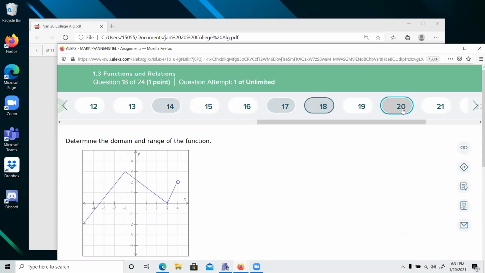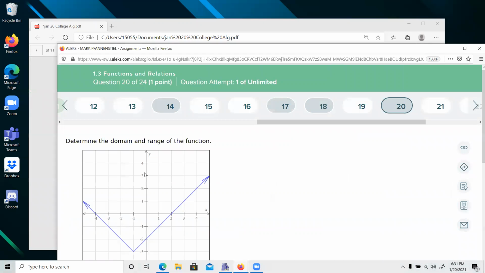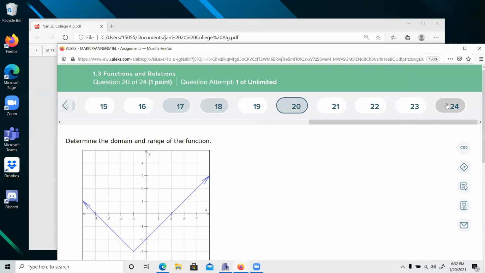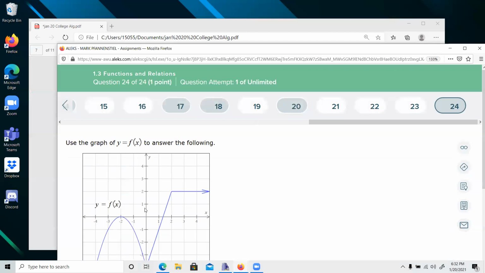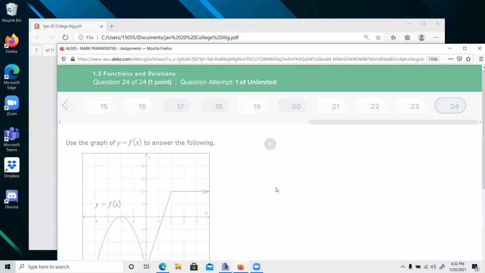So tomorrow we'll continue with this section 1.3, and I'll go through our Alex stuff and see what we are still working on. If you're stuck somewhere, let me know, and we can certainly cover the stuff where you're stuck. But we'll continue this section until at least we get through walking you through the word problems and some of the weirder stuff that looks like this.